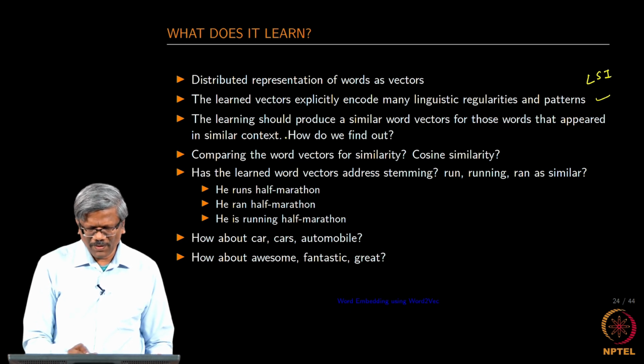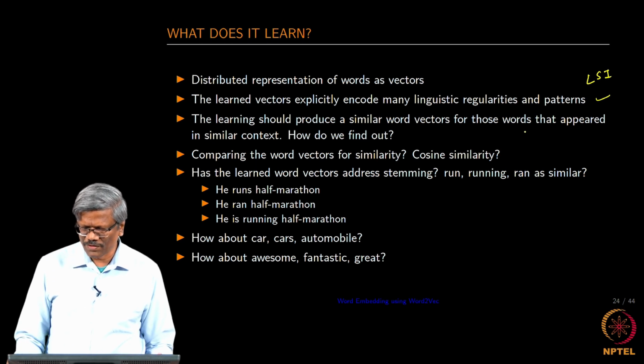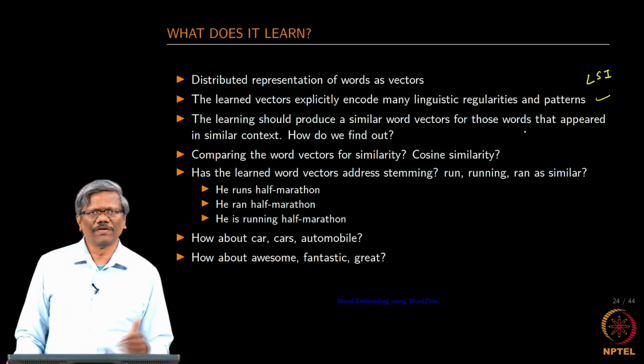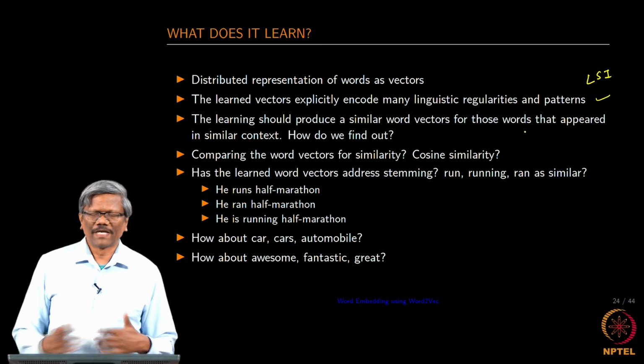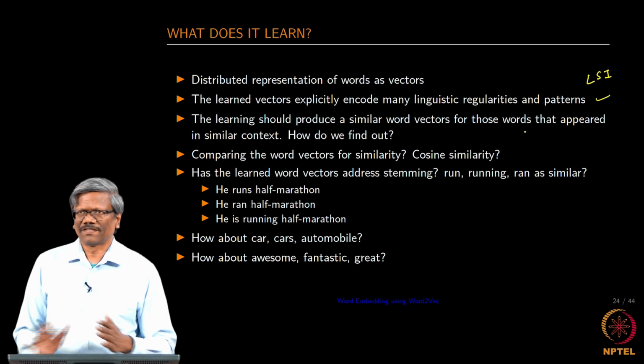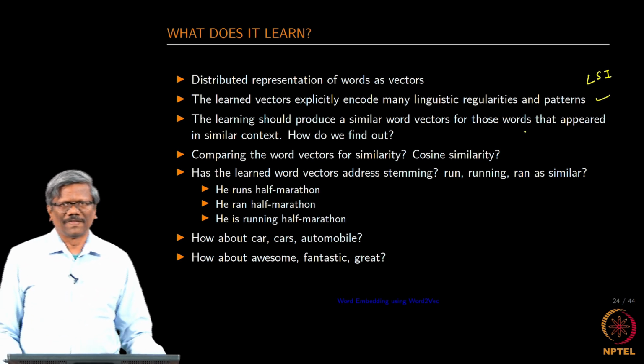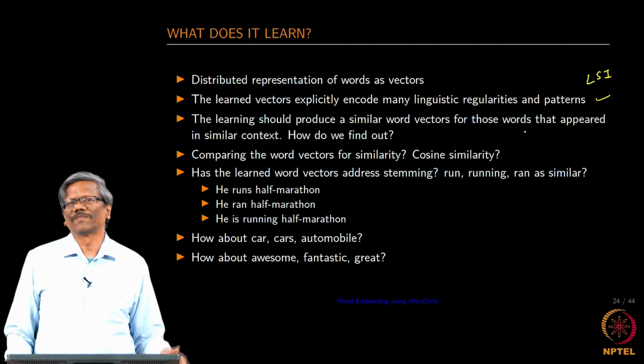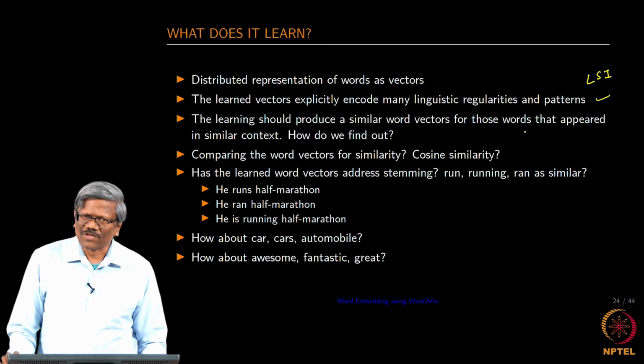So, the learning should produce similar word vectors for those words that appeared in similar contexts. How do we find this out? How do we compare those words to find out whether these words occur in the corpus and they are similar? Can we use cosine similarity?